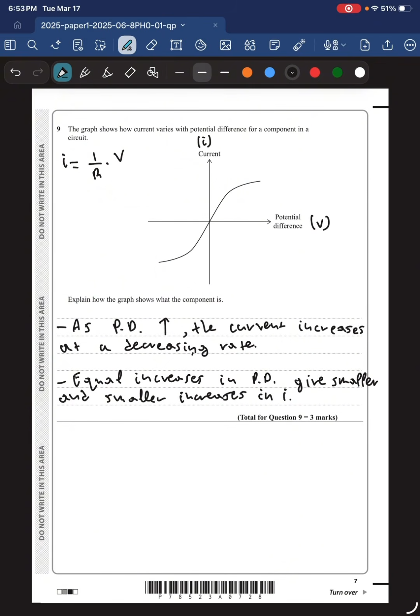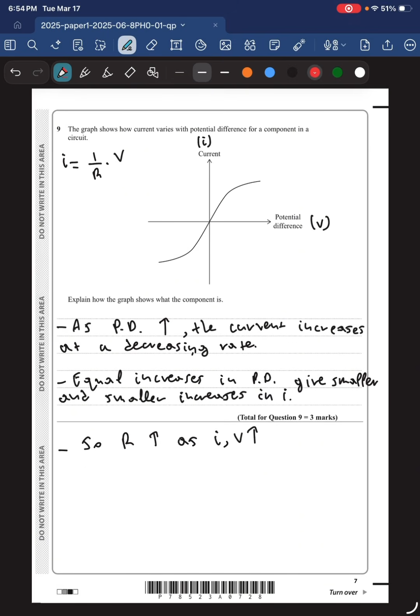I don't know why I did this in my notes, but anyway. So R increases as I and V increase.